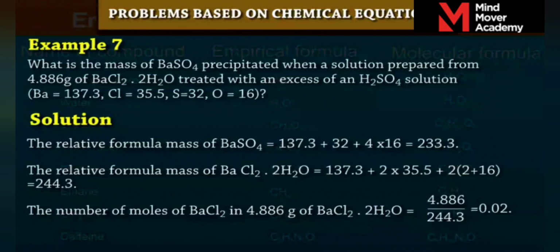Relative formula mass of barium chloride .2H2O is equal to 137.3 plus 2 into 35.5 plus 2 into 2 plus 16 is equal to 244.3. Therefore, the number of moles of barium chloride in 4.886 grams of barium chloride .2H2O is equal to 4.886 divided by 244.3 is equal to 0.02.